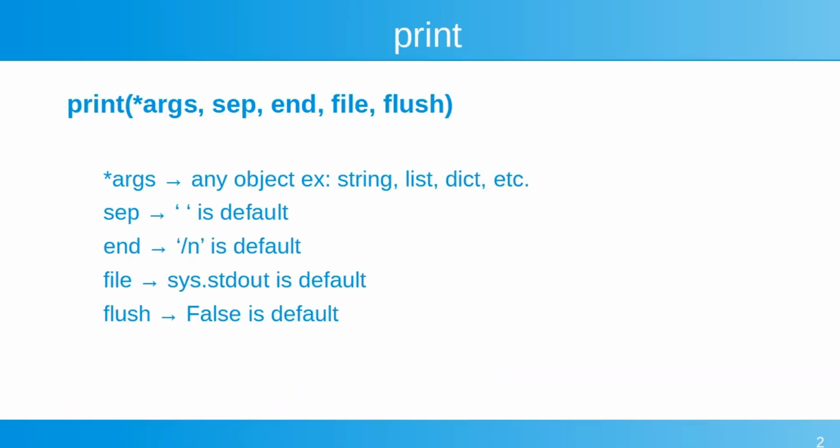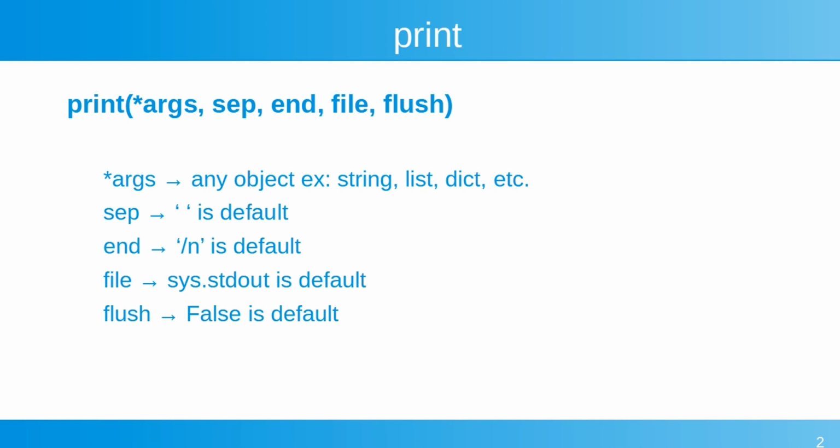If you look at this slide here, these are all the arguments we can pass to the print function. The first one is the object. It is not limited to a single object. You can pass n number of objects. In Python, asterisk args means it can take an infinite number of arguments.